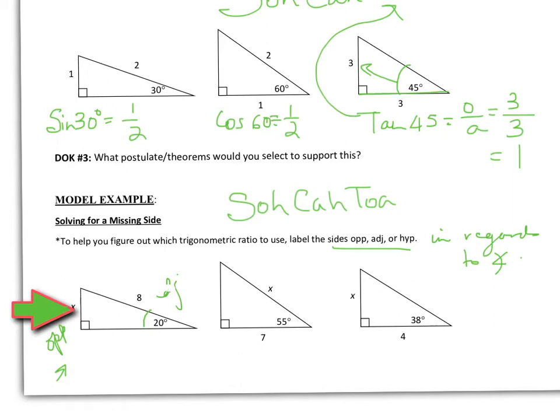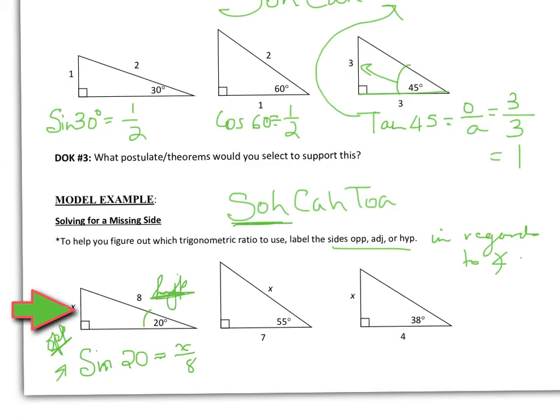I'm so sorry, take that back. That is horrible. That is the hypotenuse. Now because we have opposite and hypotenuse, the only ratio we could use is sine. In this case our angle is 20, so sine of 20 is equal to x over 8.